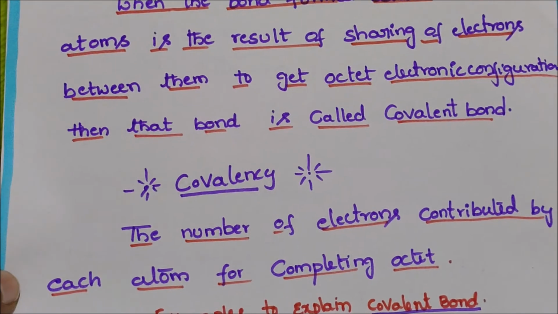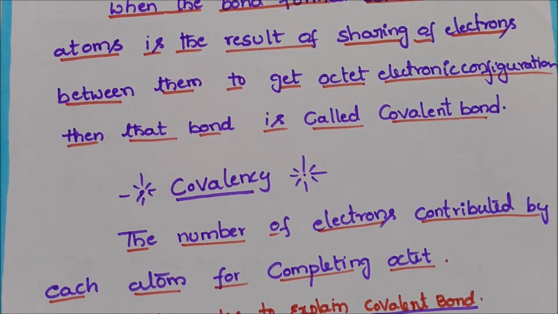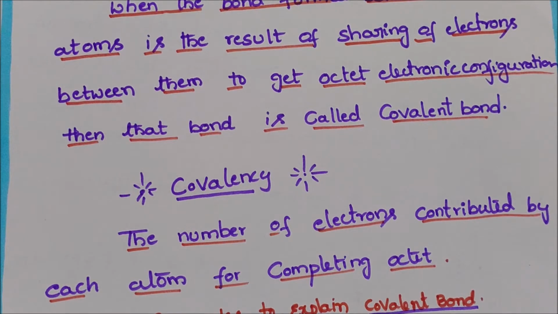The covalency is the number of electrons contributed by each atom for completing octet, that is, completing 8 electrons. Each atom contributes a number of electrons so that they attain a complete octet; that is called covalency.